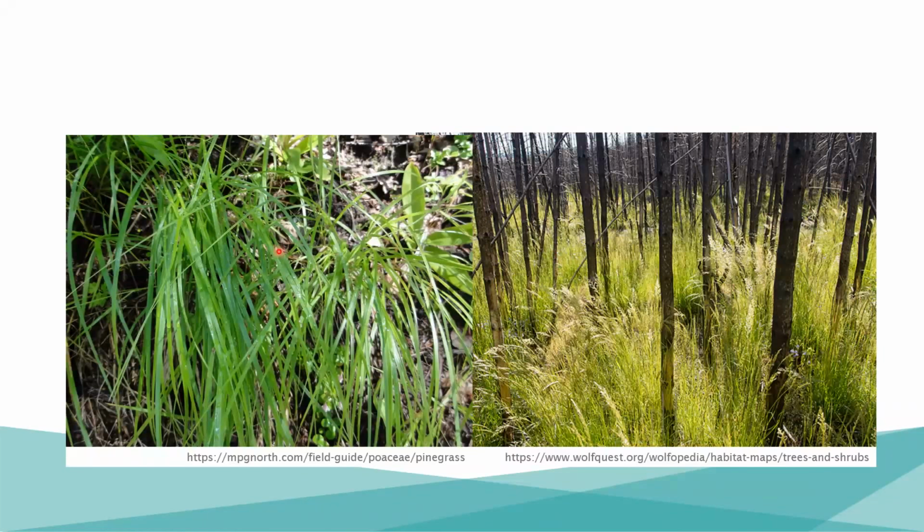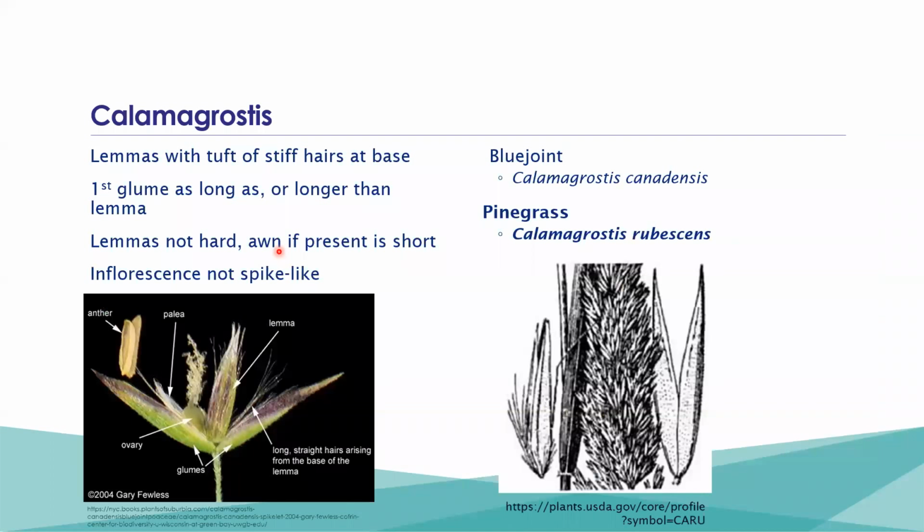If you were out in the field, typically you might see this picture on the left, but since all the fires have gone through, you're maybe going to come across that picture on the right a bit more often, where you're seeing more of the seed heads. So when we put all of these features together, we end up with pinegrass. As there's only two, it's easy to show a comparison that the bluejoint has much longer hairs compared to the pinegrass, and also has a short little awn compared to that long awn that points out.